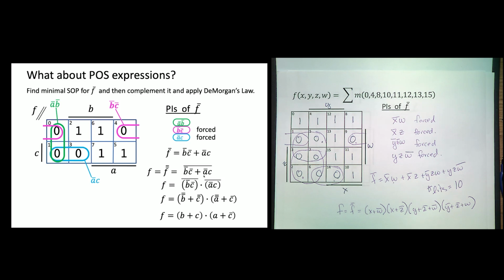Did I mess up? Yeah. There should be a Z bar in the sum of products, and then no bar. It's still wrong.